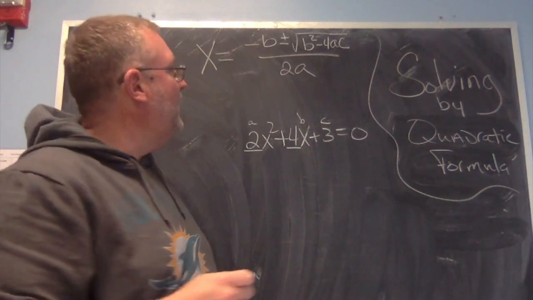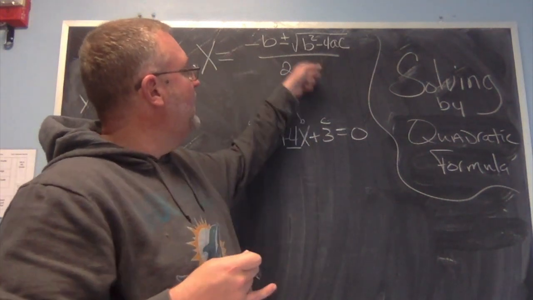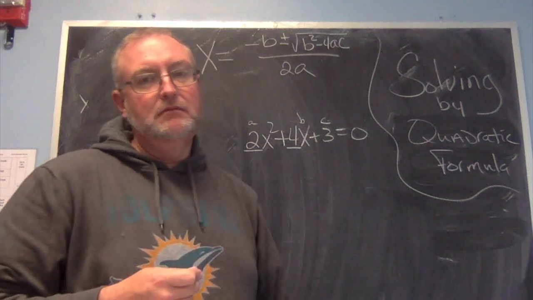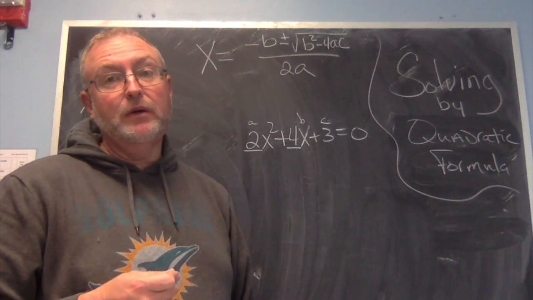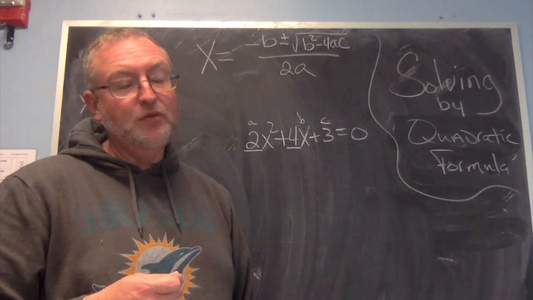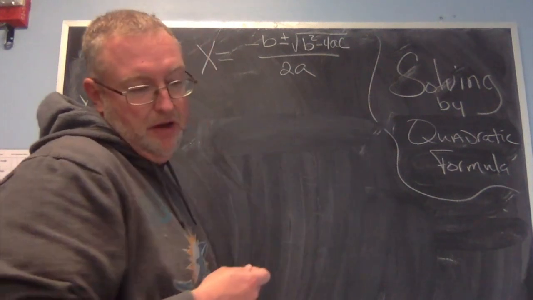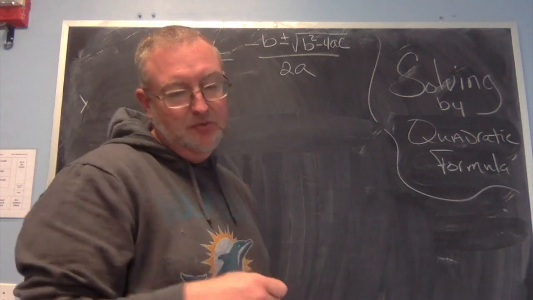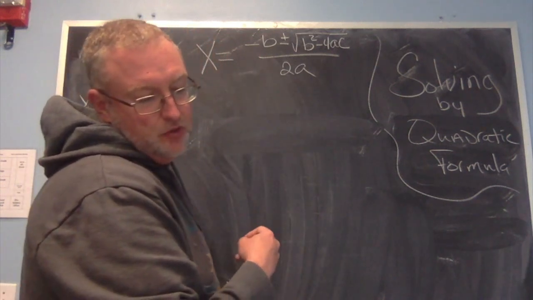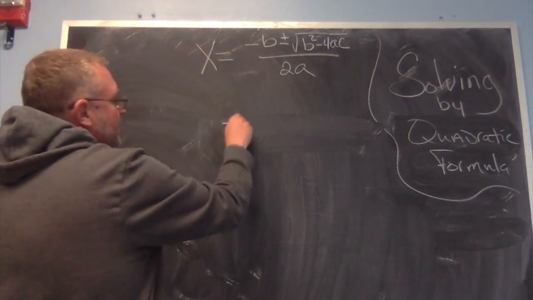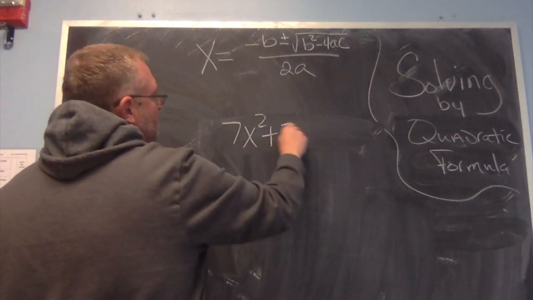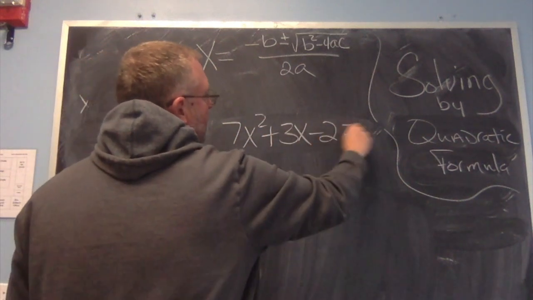If you go back now and plug the numbers in, A, B, and C, you can solve any equation with the quadratic formula. They give you a couple examples, like this one, 7x squared plus 3x minus 2 equals 0.